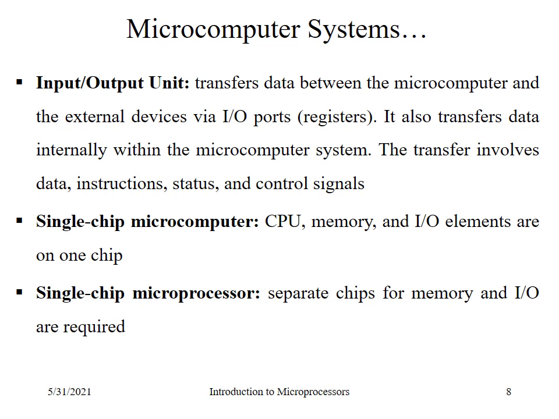So we have different types of chips for microcomputers. The first one is single chip microcomputers. In this case, the CPU, memory, and input-output elements are all installed on one chip.